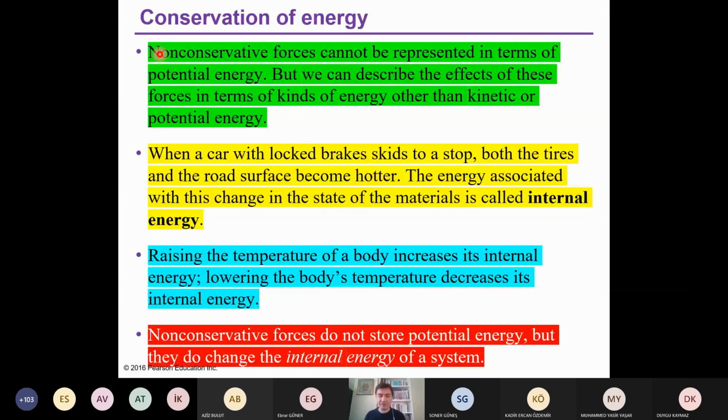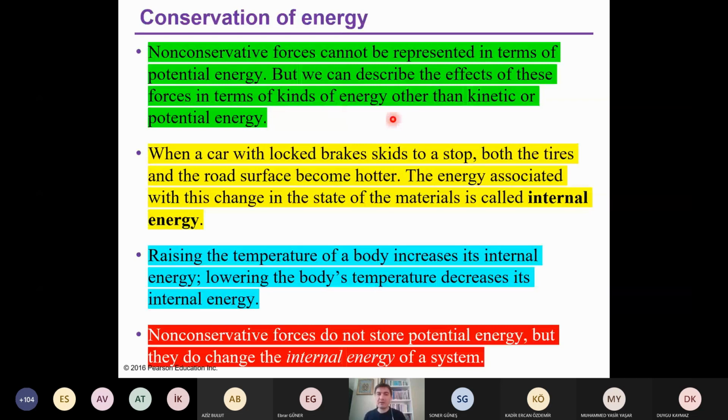Be careful here. The mechanism is very simple, but you must concentrate on the topic. Non-conservative forces cannot be represented in terms of potential energy. I have already discussed this one, but we can describe the effects of these forces in terms of kinds of energy other than kinetic or potential energy.